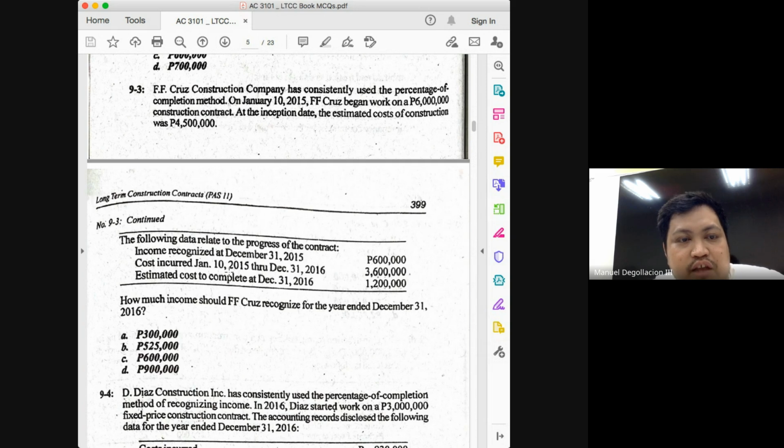If in 2015 your cost at completion is 4,500,000, how much then was the percentage of completion? So you look for the percentage, class, that when multiplied to 1,500,000 will give you 600,000. Anyone? How much is the percentage of completion in year 1? It's 20%.